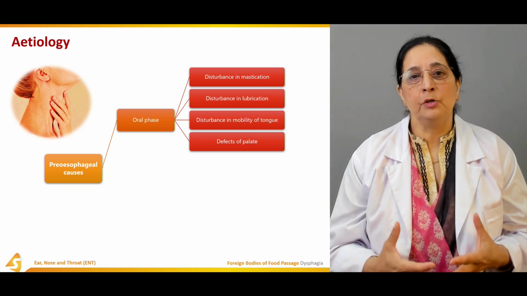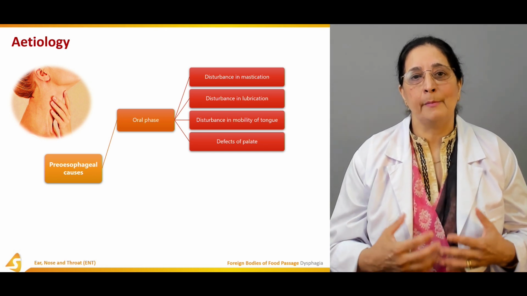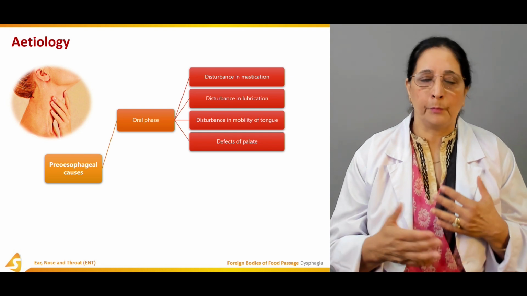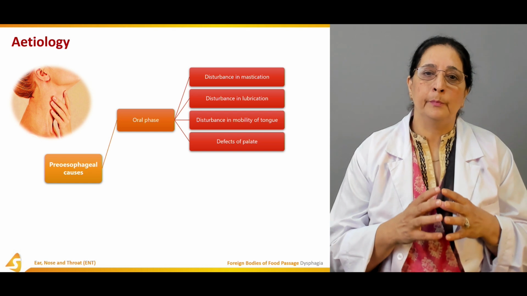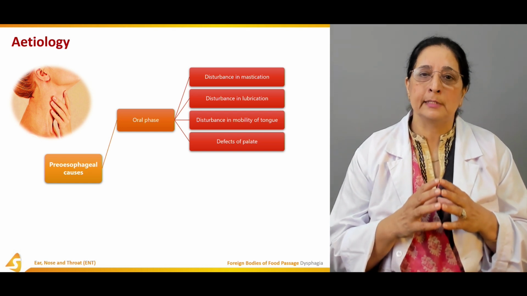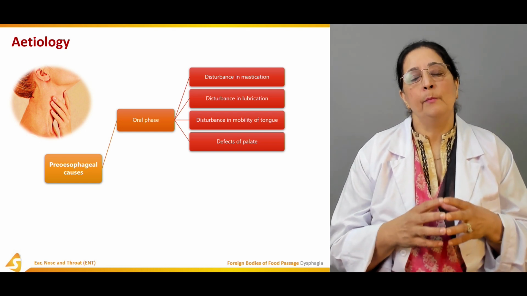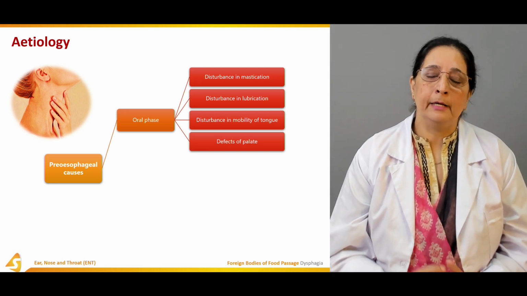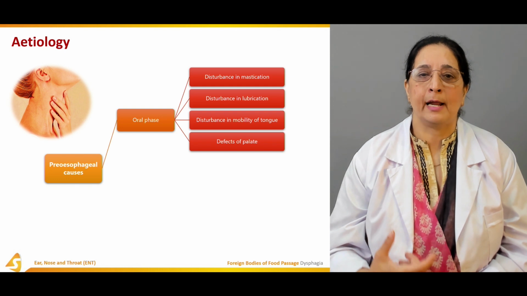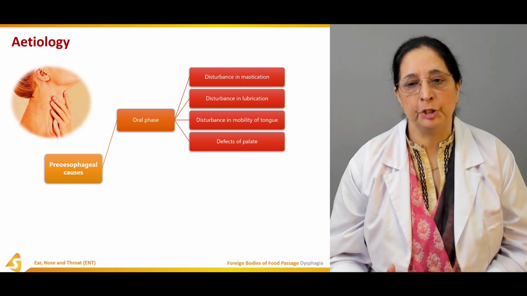If the food is not properly chewed or masticated, or if it's not properly lubricated, then there is a problem. Lubrication of the food or the bolus by the saliva is very, very important for easy swallowing of the food, and if the lubrication is not effective, then we can have dysphagia.